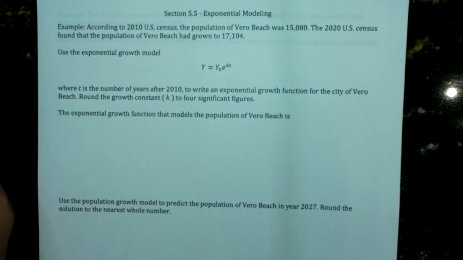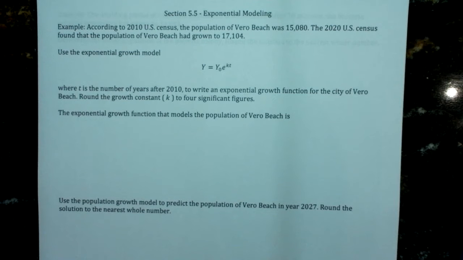Use the exponential growth model y equals y sub 0 e to the power of k times t, where t is the number of years after 2000, to write the exponential growth function for the city of Vero Beach. Round the growth constant k to 4 significant figures.